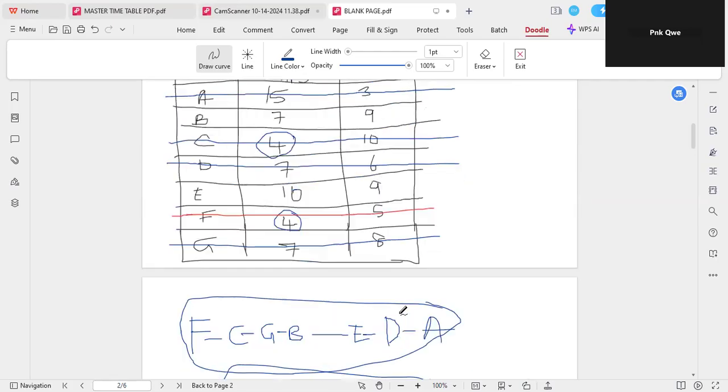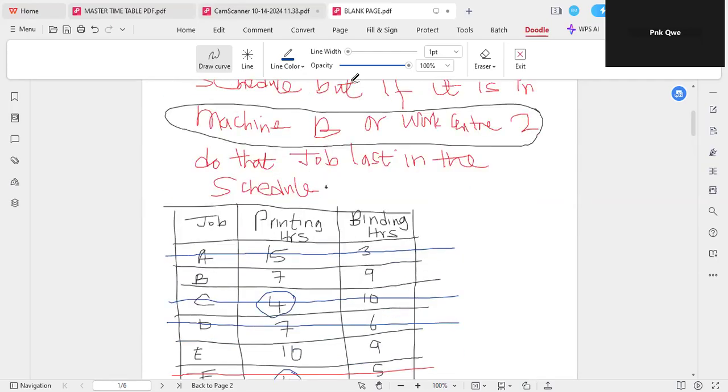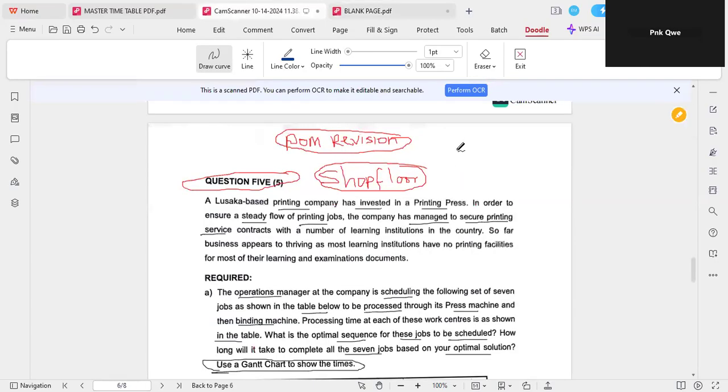Are we together here? So this question we are doing is from this past paper, where we are simply looking at shop floor planning, and then the Gantt chart using Johnson's rule.